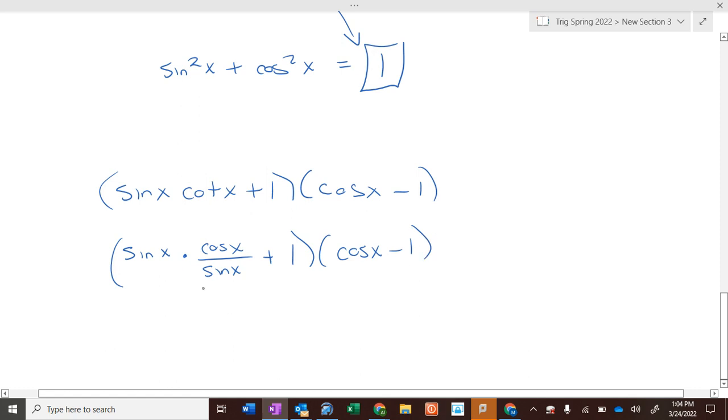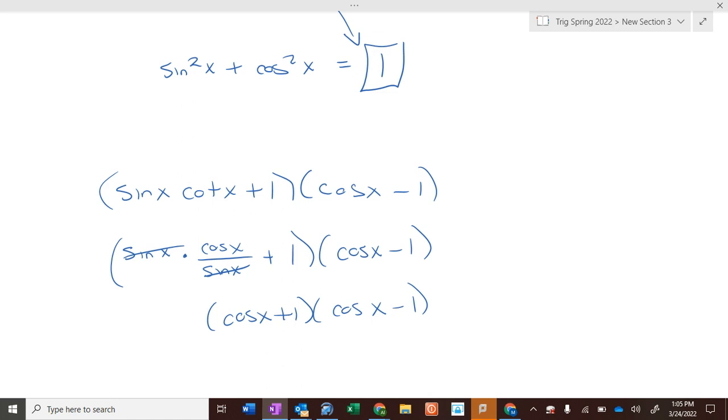What happens? Any canceling I can do? I can cancel a sine of x with a sine of x, right? So I get cosine of x plus 1 times cosine of x minus 1. Oh, I have 2 binomials. I can multiply them together by using FOIL.